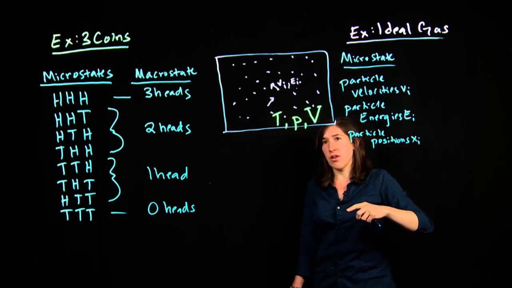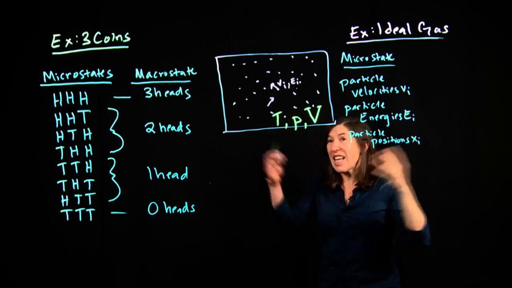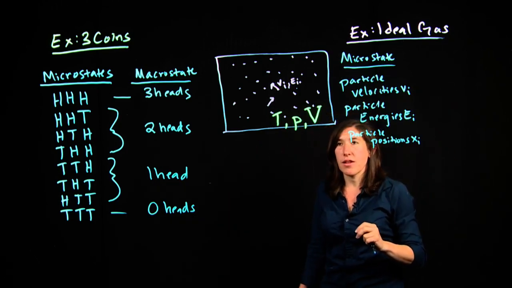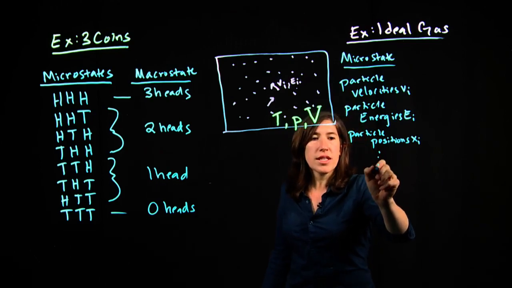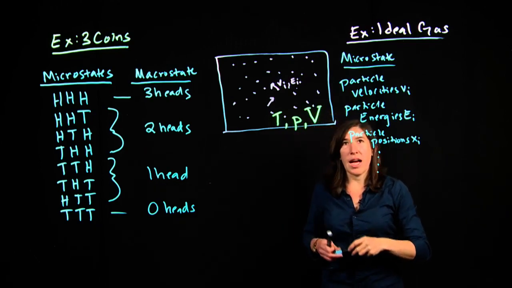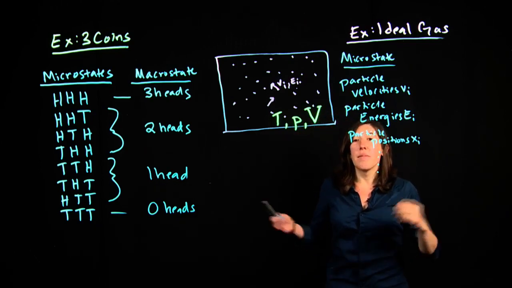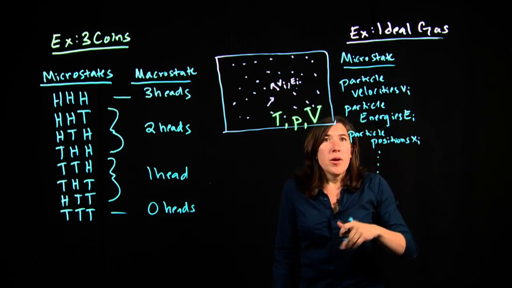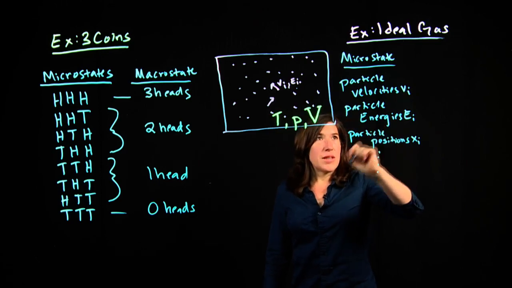Where is this particle? And then a second later, they all will have moved, and all of this information could have changed by a little bit. But these are the sorts of things you would track if you were considering the microstate of your ideal gas. But this is a lot of information.